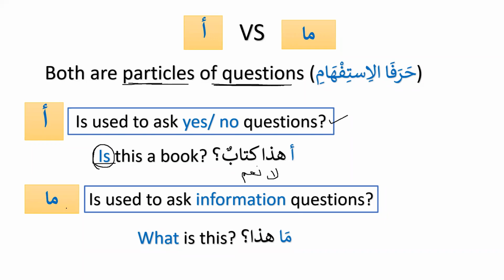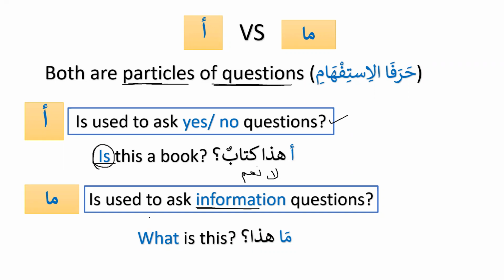Ma is used to ask information questions. What is the meaning of information questions? Now, the answer cannot be yes or no. For example, when you say ma hadha, what is this? What will be the answer? Na'am, la, of course not. So you will say hadha kitabun, hadha qalamun.